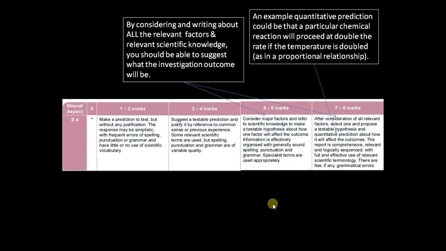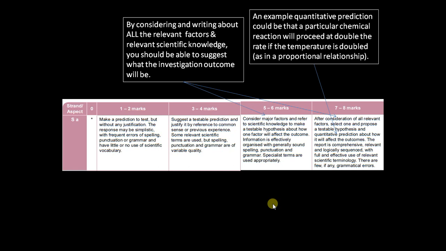The other thing you need to do for Strand Sa is you need to make a quantitative prediction. So what do we mean by quantitative prediction? It means that you either predict what's happening by sketching out a graph, and again you can use some research, but you must reference where your ideas are coming from.